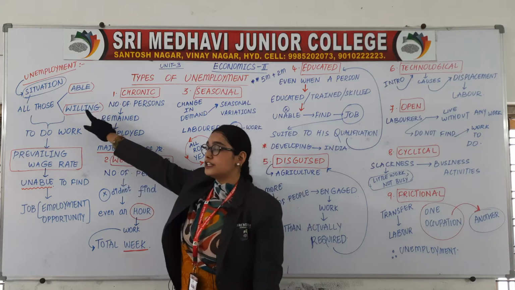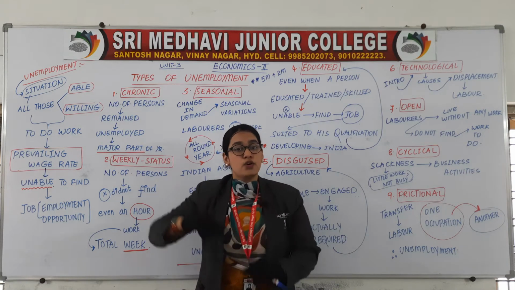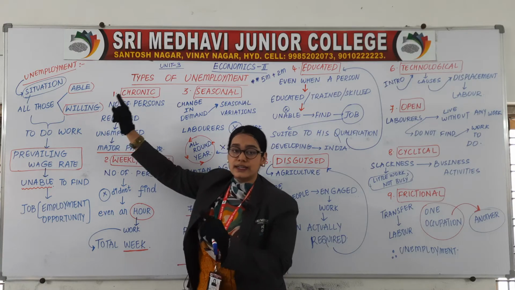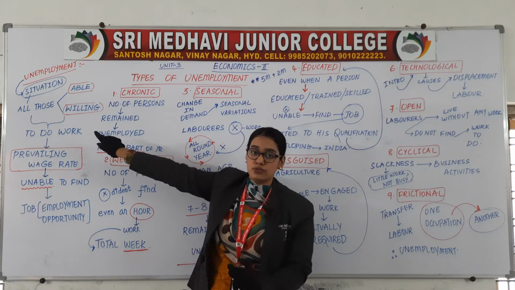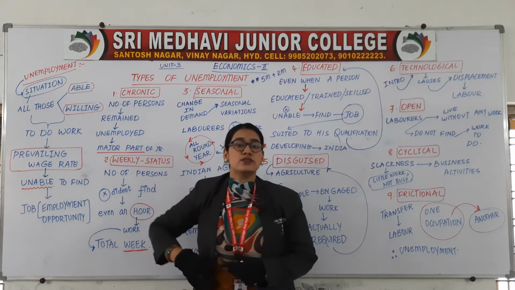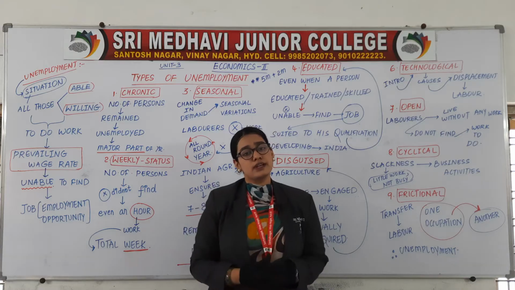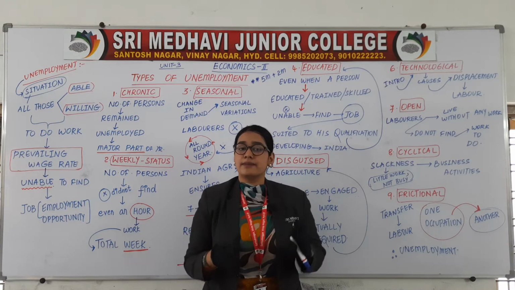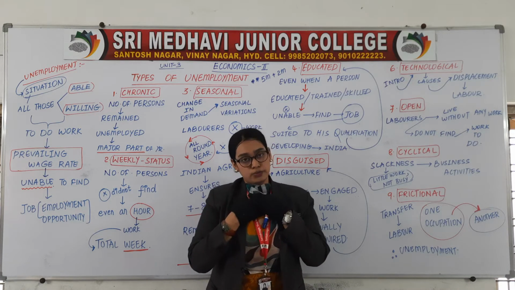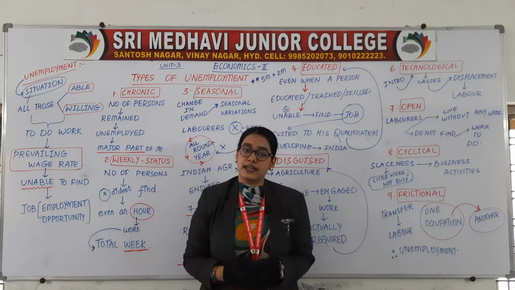So what is the condition? 2 situations are there. All those persons who are able to do the work as well as willing to do the work at prevailing wage rate, means whatever salary or wages you are giving me. For example, if you are giving me 10,000, I am ready to do the work. So 10,000 is the prevailing wage rate in the market.